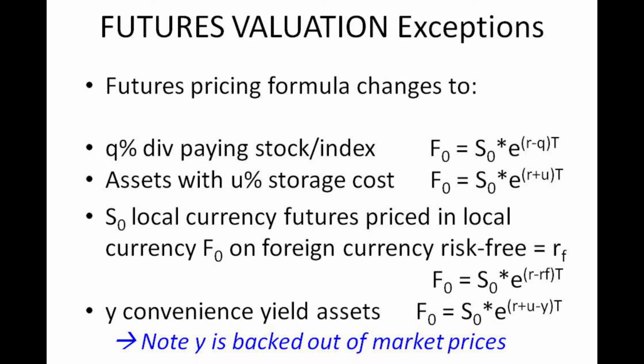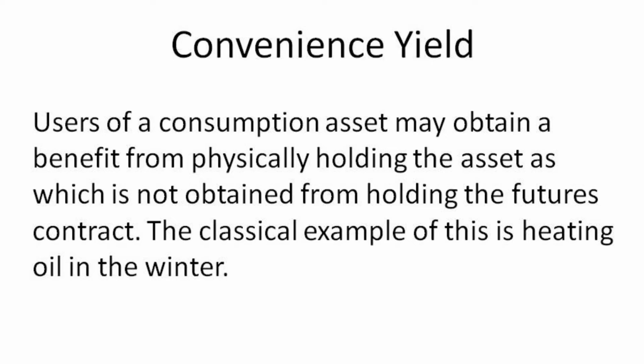Now, once again, if you take a look at your textbook, there's a much bigger explanation of what convenience yield is. But a quick explanation is that users of a consumption asset, an asset that people actually need, may obtain a benefit from holding the asset rather than holding the future.